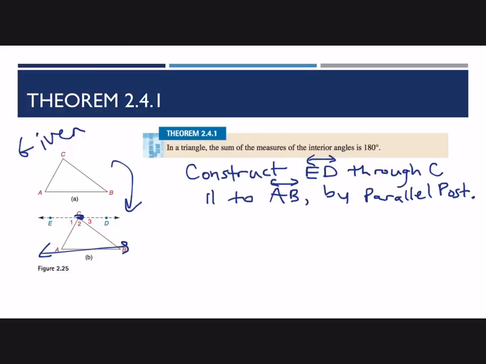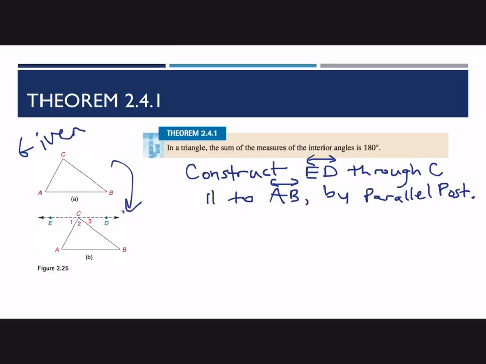So I'm drawing the one line, ED, that's parallel to AB and runs through C. Now this creates some additional angles. Angle 2 here was part of the triangle, but angles 1 and 3 are now created by that auxiliary line. And we can use all of those angles in our proof.